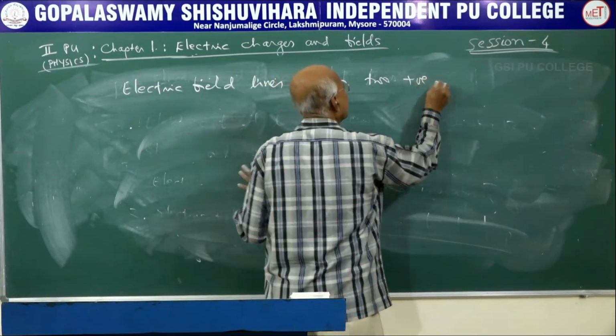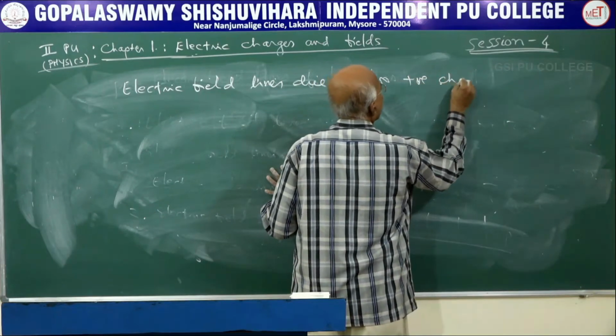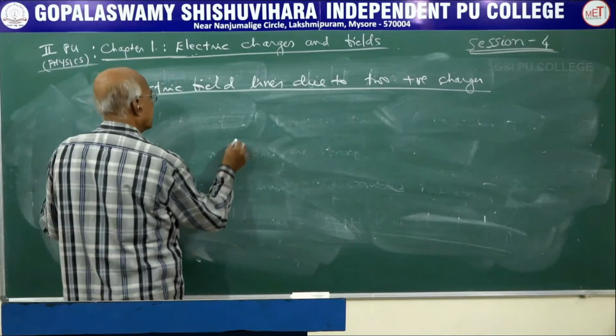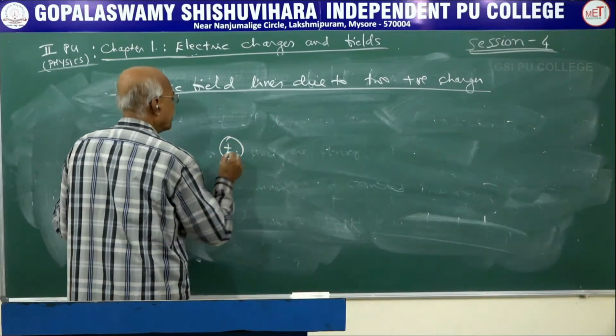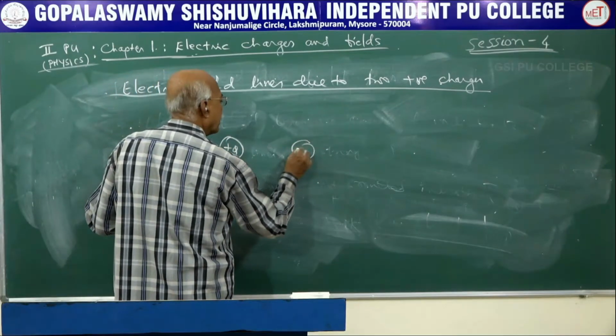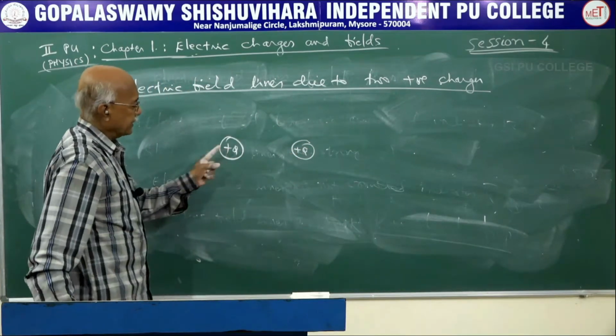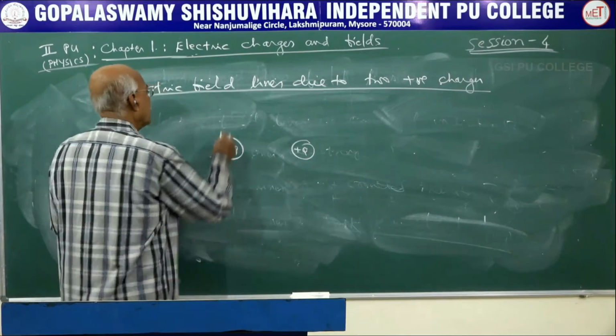We already mentioned it, still we will write it. Electric field lines due to two positive charges. That is, here you have a charge plus Q and here you have a plus Q charge. We already mentioned that if the charges are positive, the lines originate.